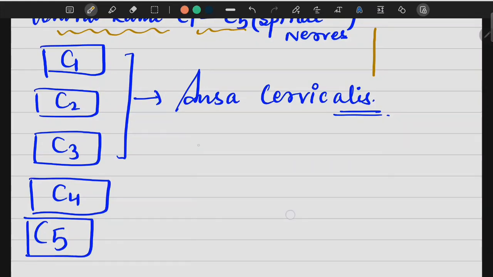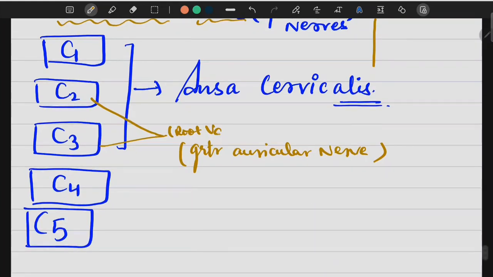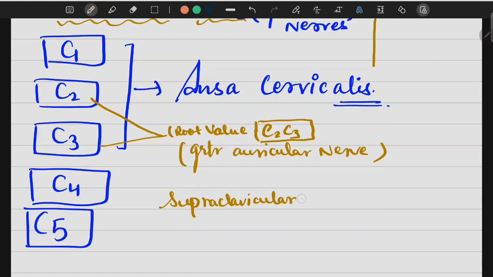For example, the greater auricular nerve, we get this from C2 and C3. So we can say that the root value here is going to be C2 and C3. Similarly, for the supraclavicular nerve, the root value is going to be C3 and C4.